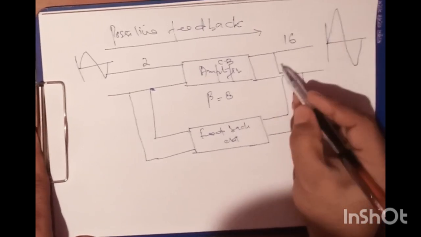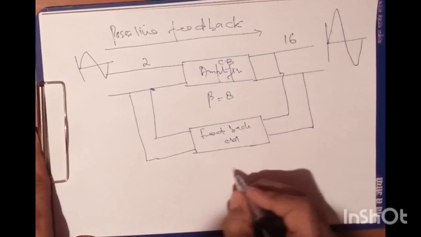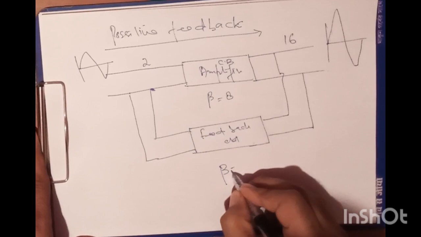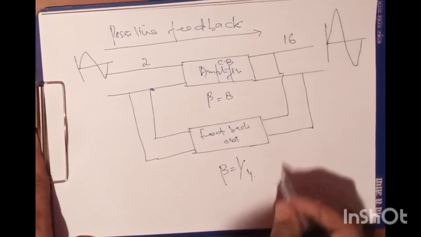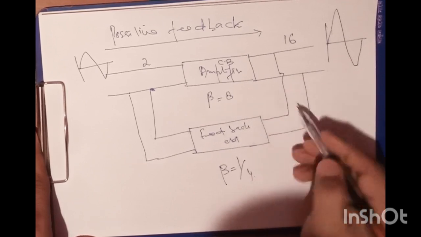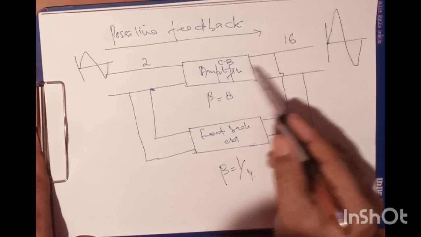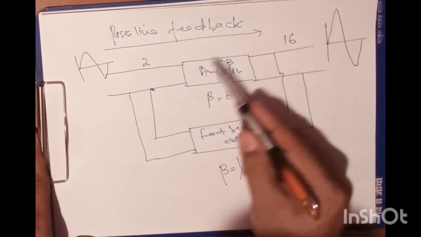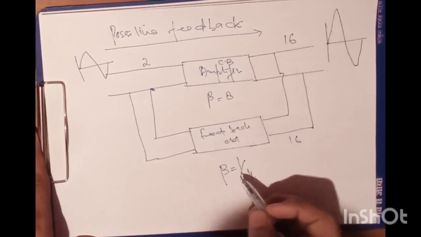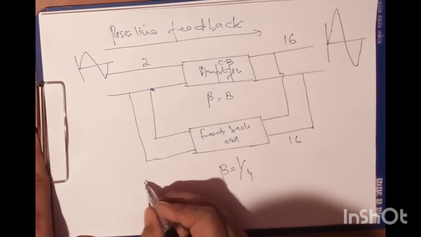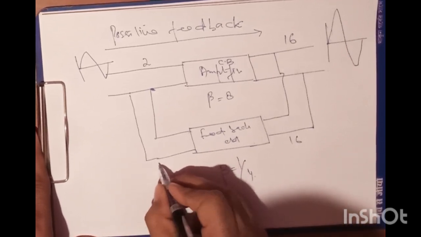Now this 16 will be given back to the feedback circuit, and let us assume that beta for the feedback circuit is 1 by 4. So here we have 16, and when the output of this amplifier is given to the feedback circuit, it's going to reduce its amplitude by 1 by 4. So here we'll get 4.